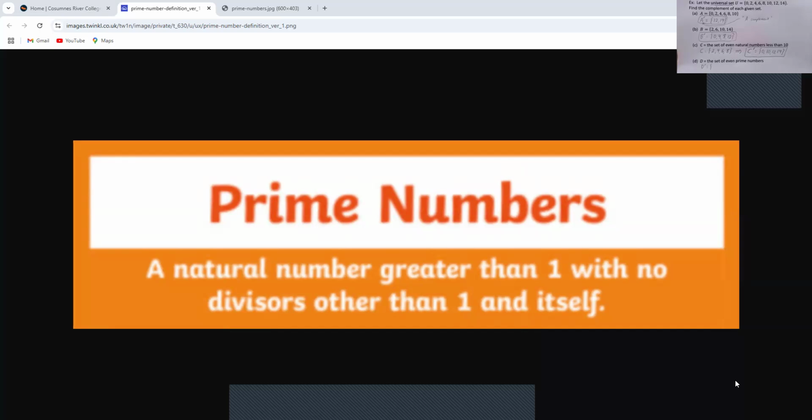So when we talk about prime numbers, we're starting bigger than 1 anyway, so like considering 2, 3, 4, 5, 6, 7, 8, and so on. Those are candidates for prime numbers, but the only ones that are actually prime are ones that have no divisors other than 1 and itself. It means they're not divisible by anything except for 1 and itself.